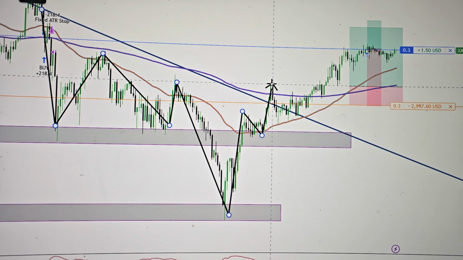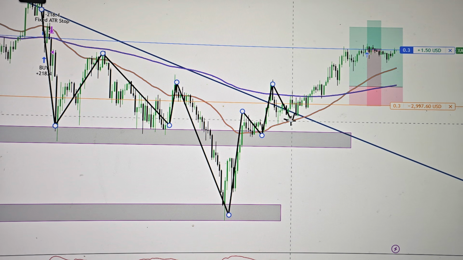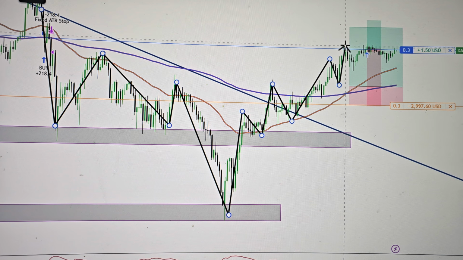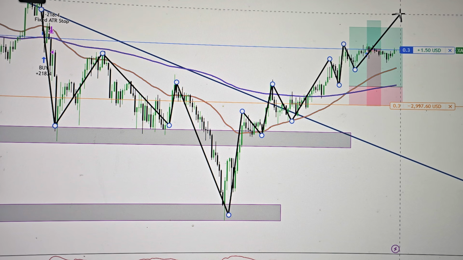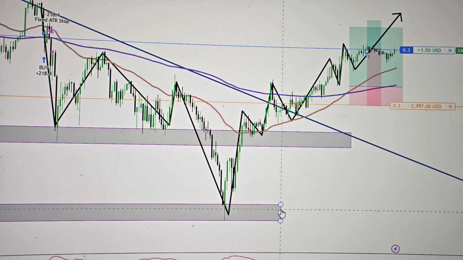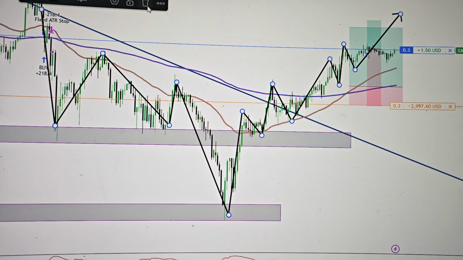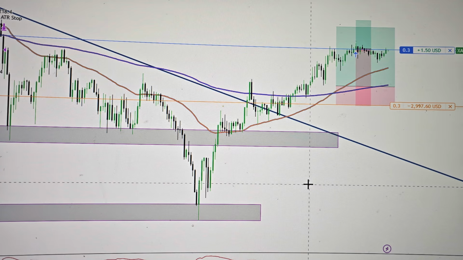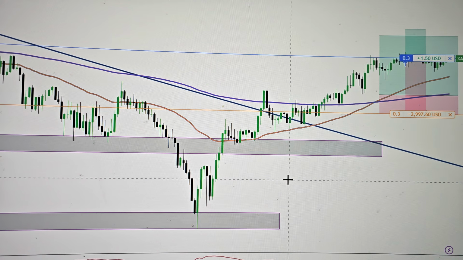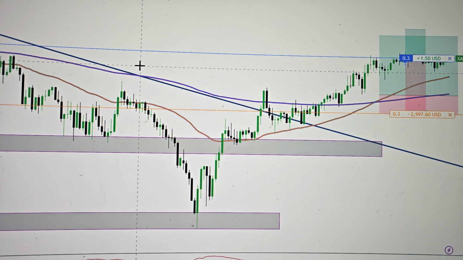Now it's making higher highs, and then higher highs, and it keeps on making more higher highs. So when we started making new highs, what made me go into the trade using my supply and demand is I marked my previous lower high, which was this one.